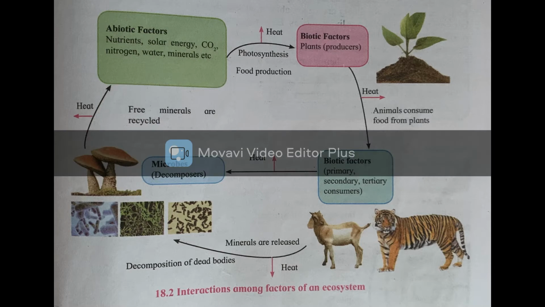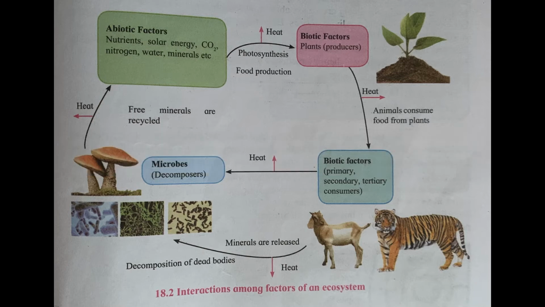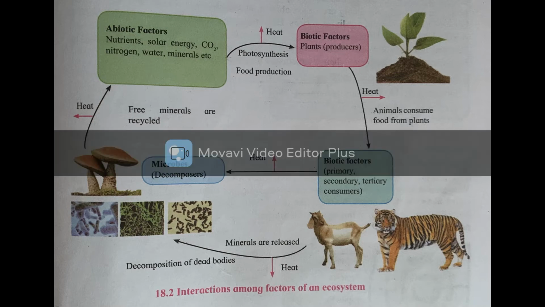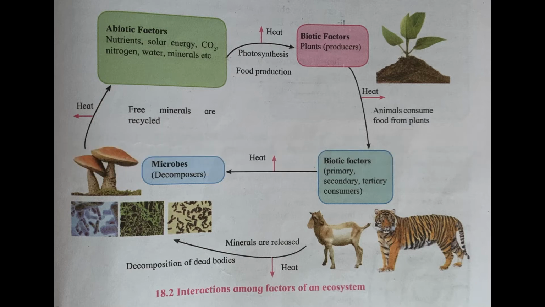Abiotic factors like nutrients, solar energy, carbon dioxide, nitrogen, water, minerals, etc. are used by plants in the photosynthesis process, and plants make their own food. So, abiotic factors are used by plants. Plants are biotic factors. They make their own food, so they are called producers.